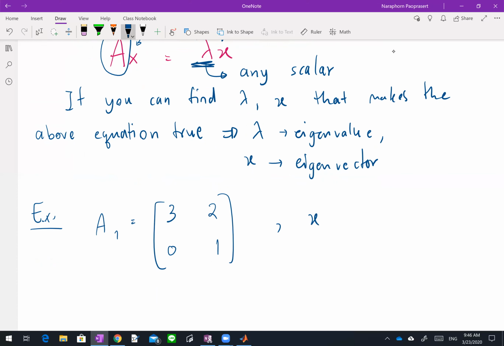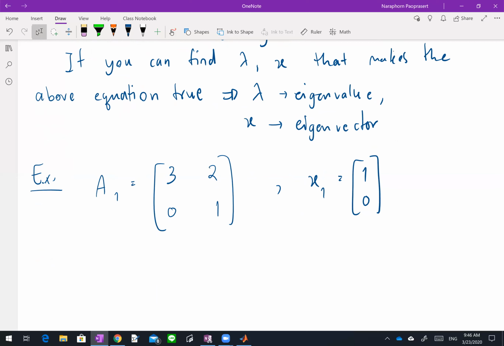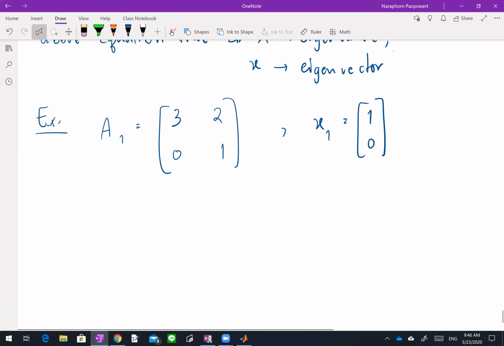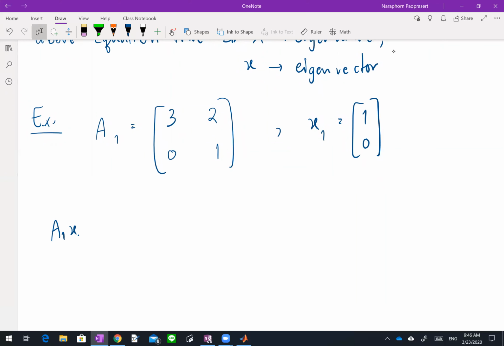Let's assume that you also have x1 equals 1 and 0. If you want to see whether x1 is the eigenvector or not, then you multiply A1 with x1 and you get 3, 2, 0, 1 multiplied with 1 and 0.